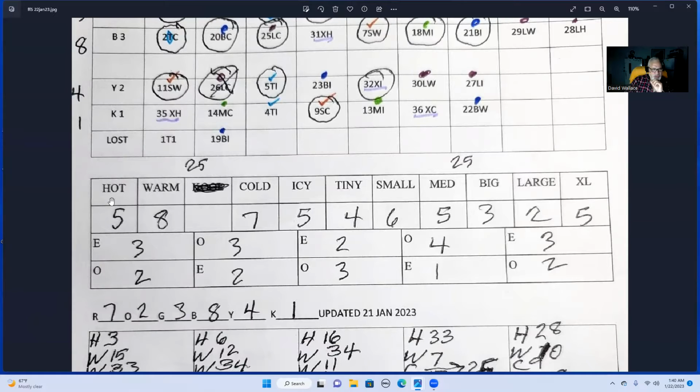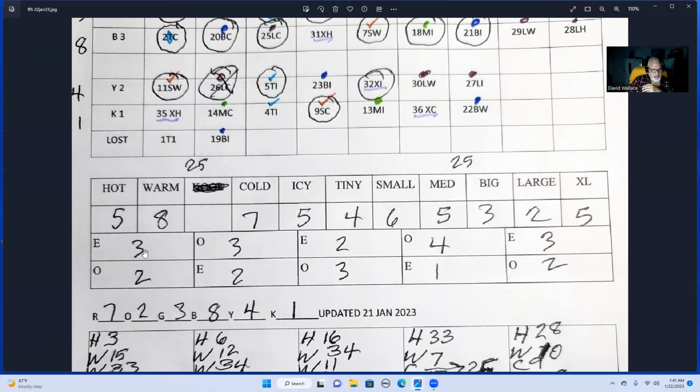In the last 5 draws, we had 5 hot, 8 warm, 7 cold, 5 icy, and then the size: 4 tiny, 6 small, 5 medium, 3 big, 2 large, and 5 extra large.